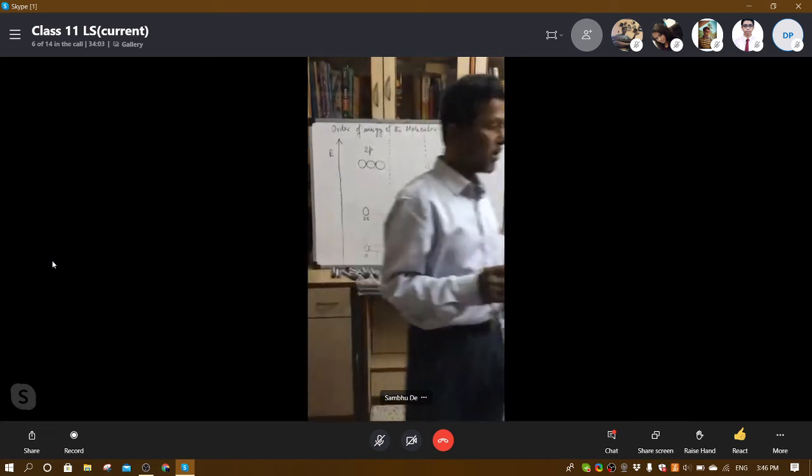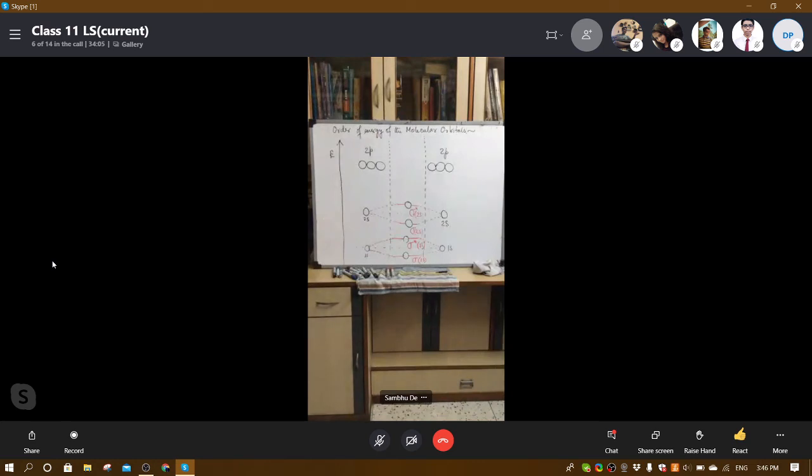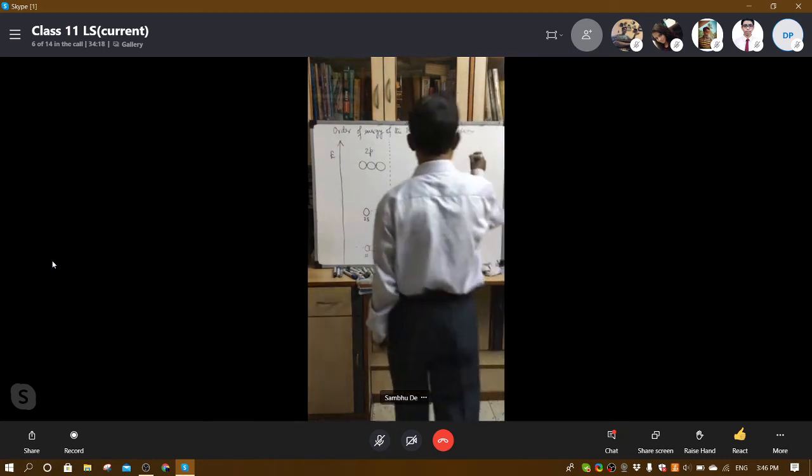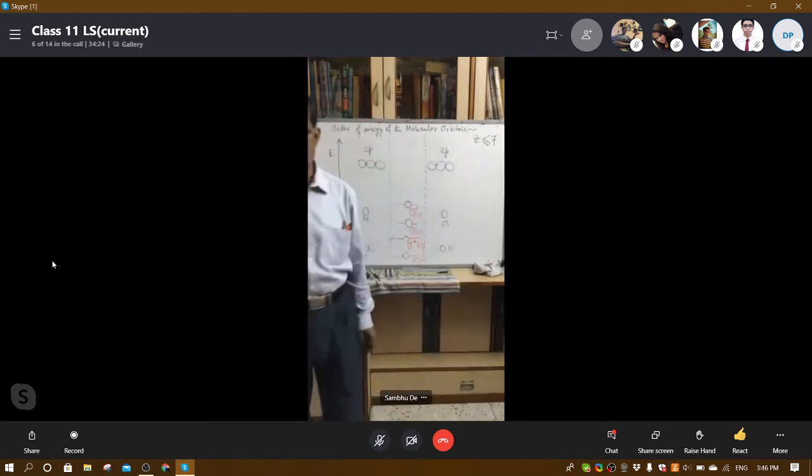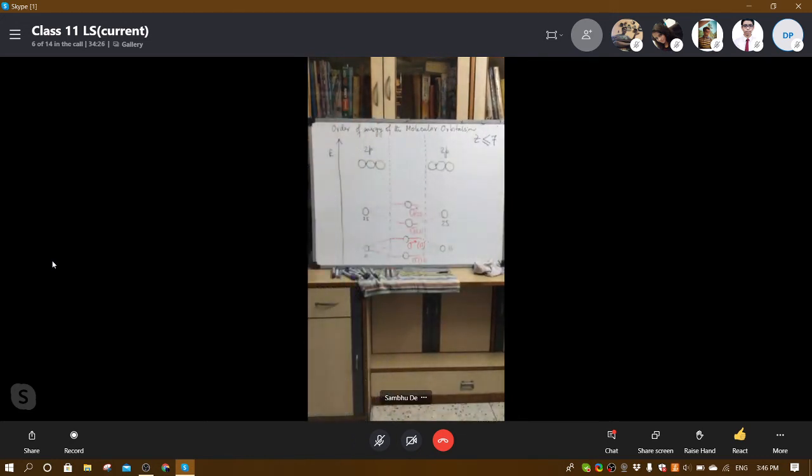One possibility is with atomic number less than 7 or equal to 7. With atomic number less than or equal to 7, that is up to nitrogen atom or nitrogen molecule, what will be?